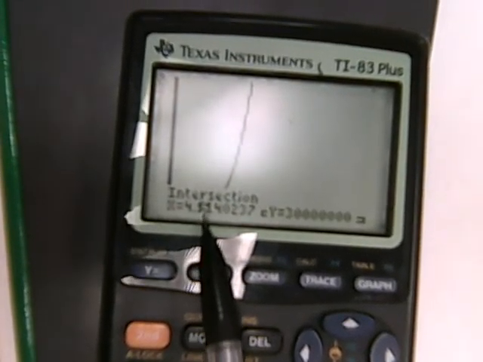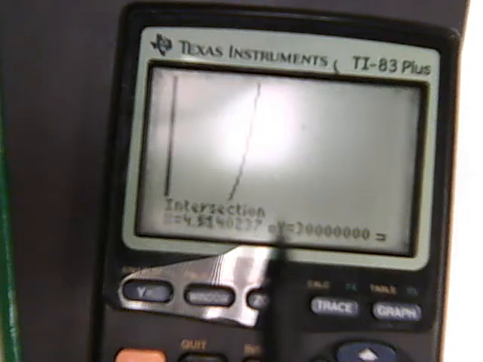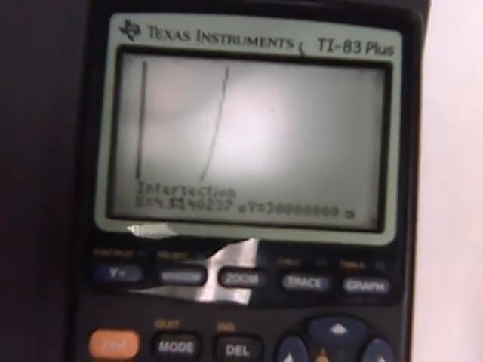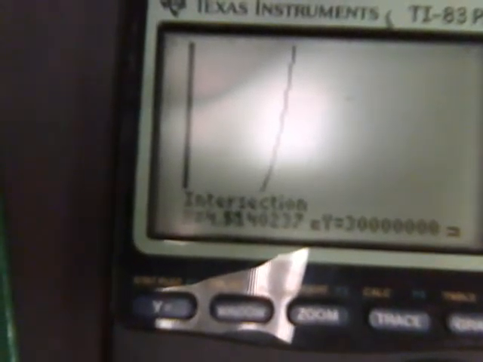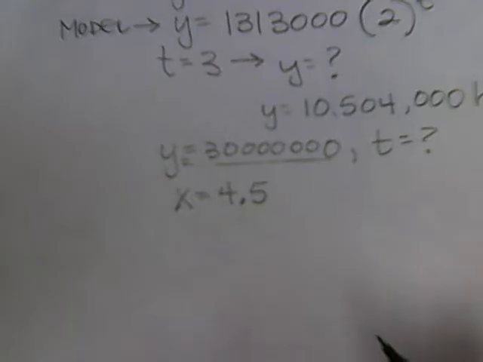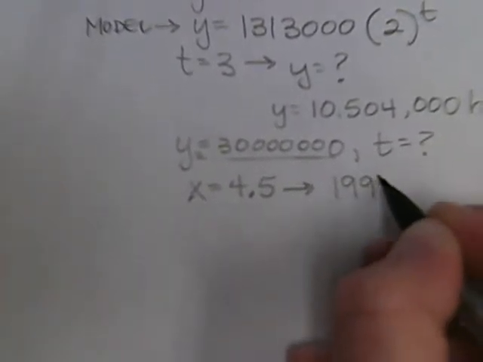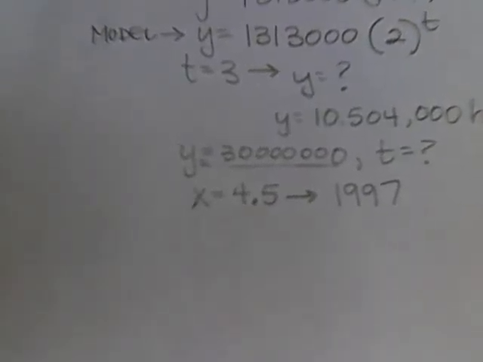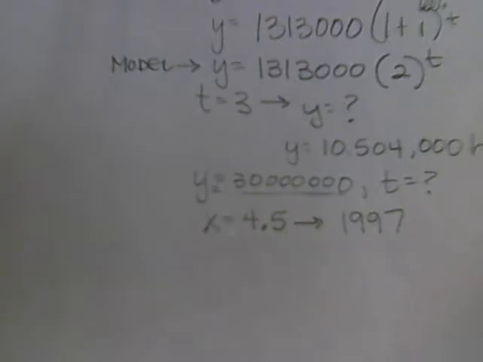Now my little cursor is down here, so it's a little bit hard to read, but you can see when y is 30 million, x is 4.5. Sorry. And we know that the study started in 1993, so 4.5 years later would be 1997. So that's how we can use a calculator to help us with those real life situations.